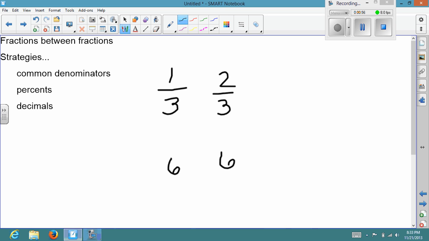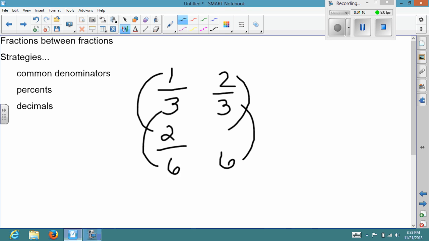So if I use 6 as my common denominator, 3 times 2 is 6, so 1 times 2 is 2, and 2 times 2 is 4. So the fraction that will be between 2/6 and 4/6 is 3/6, or 1/2. So that's one way to think about it.